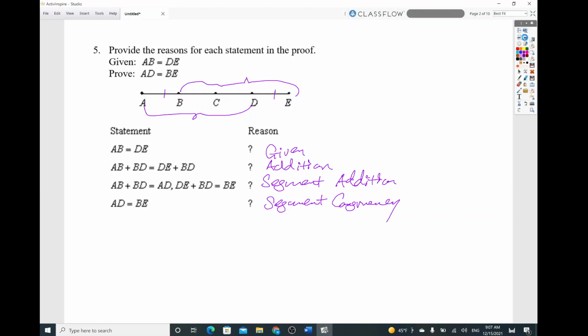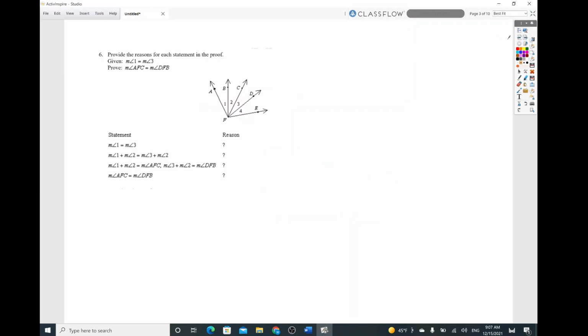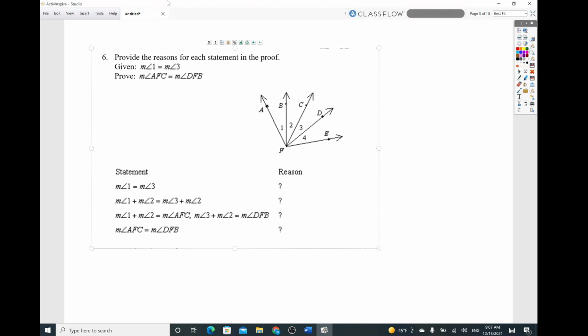Okay, now let's see what else we have. In the diagram we have angles 1, 2, 3, 4. There are a lot of angles given here. Given that the measure of angle 1 equals the measure of angle 3. So, given. The measure of angle 1 plus the measure of angle 2, combined together, is the same as the measure of angle 3 plus the measure of angle 2.